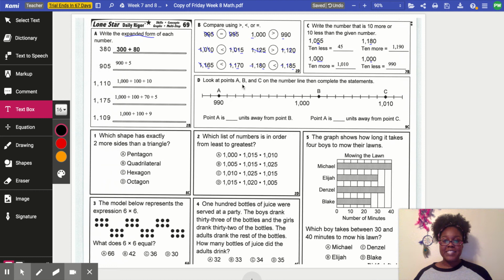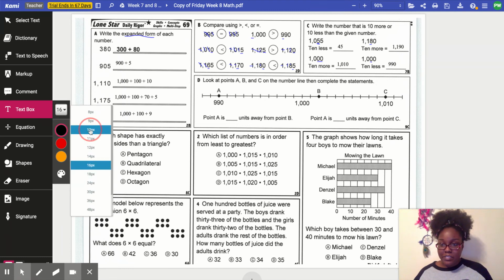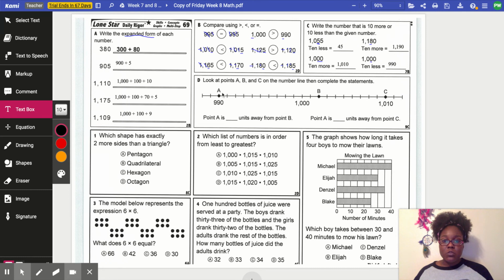Look at the points A, B, and C on the number line. Then complete the statements. Now, these lines are very, very small, so I'm going to have to type very small in here. It says point A is blank units away from point B. Oh, I don't have to type anything at all. I'm just going to count.